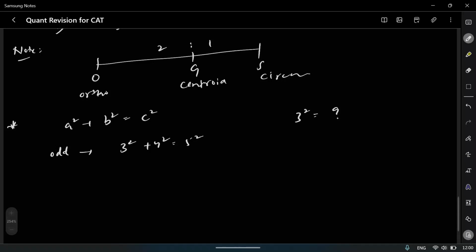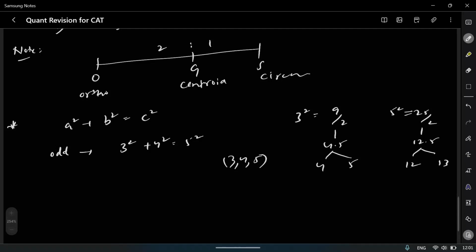Now divide it by 2, which is 4.5, the average of 4 and 5. So 3, 4, 5 is a triplet. For 5, 5 square equals 25, divided by 2 is 12.5, giving 12 and 13.